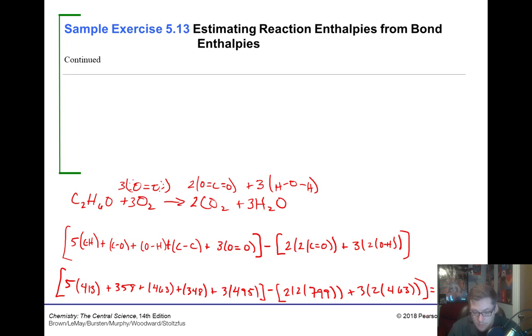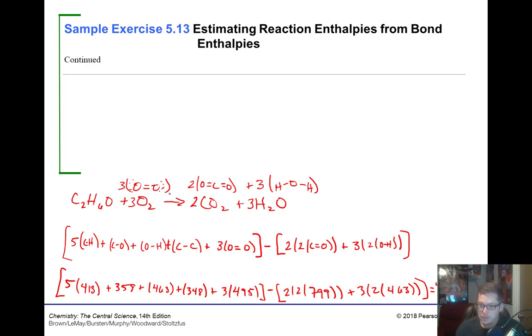So our bonds broken is going to take 4,719 kilojoules. We're going to subtract out all of the bonds that are formed: 2 times 2 times 799, plus 6 times 463, so 5,974.